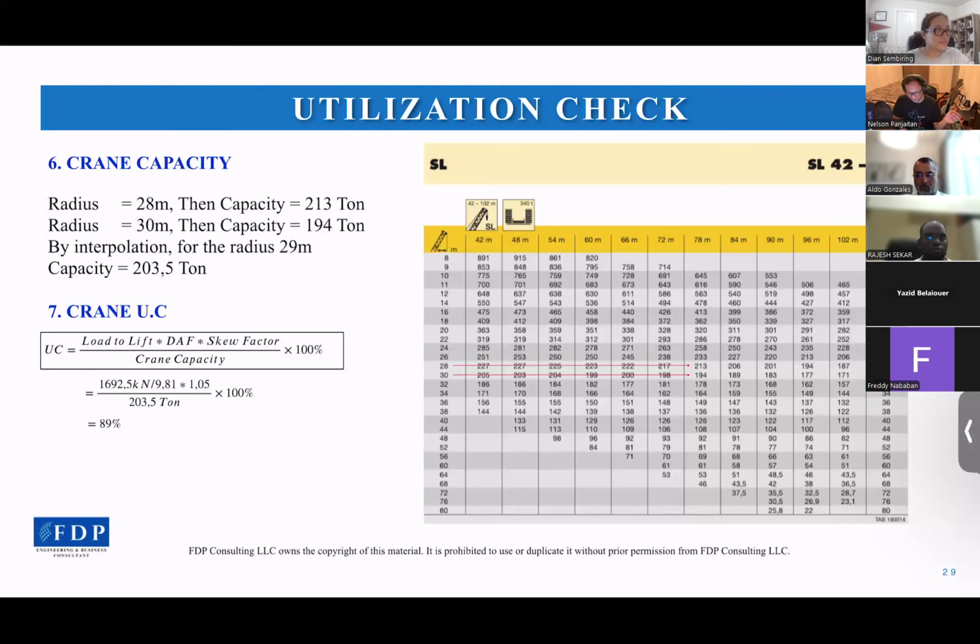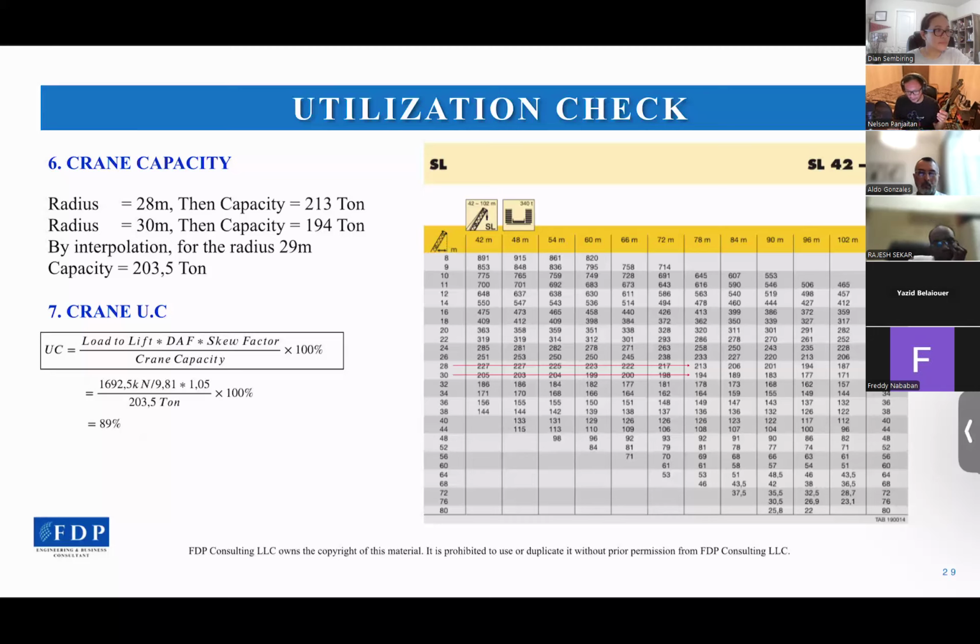But for this crane, we can check with software like the LICCON software from Liebherr.